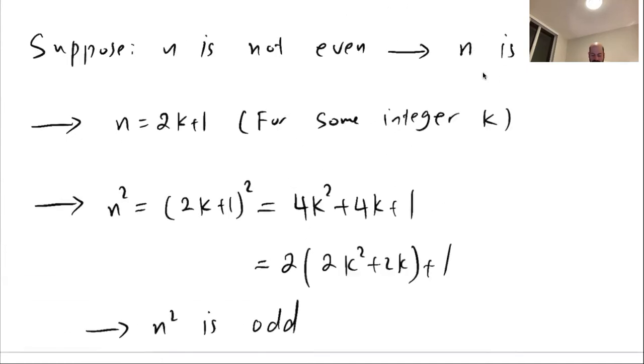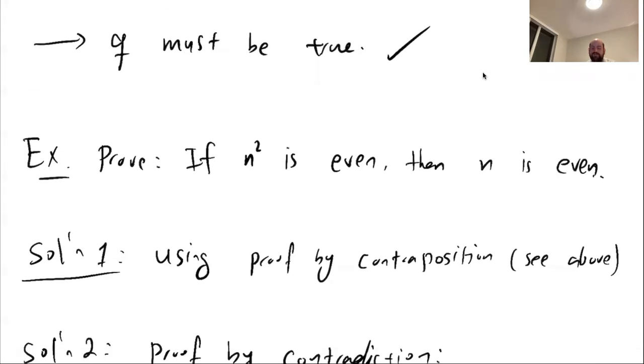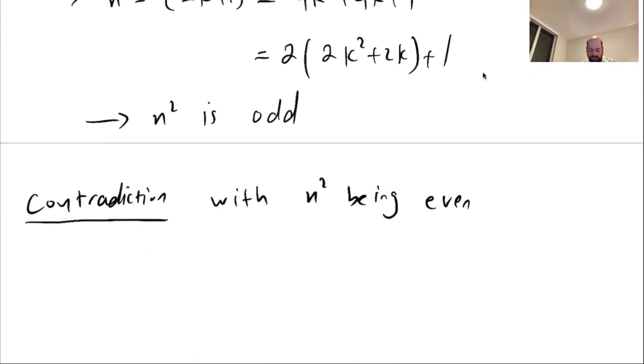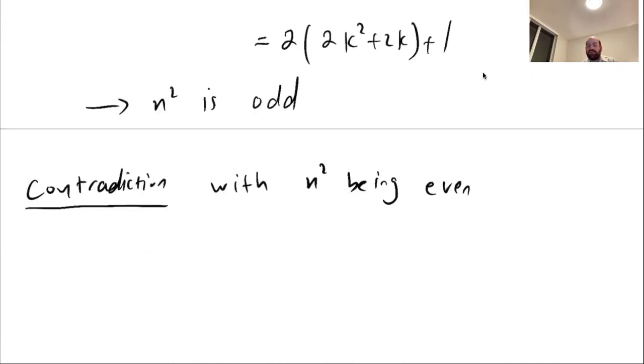Please remember in the question, it says that if n squared is even. So we are assuming that n squared is even, but here we concluded that n squared must be odd, and that's impossible. Or a contradiction that n squared is odd and even at the same time. So with contradiction with n squared being even, given as an assumption.